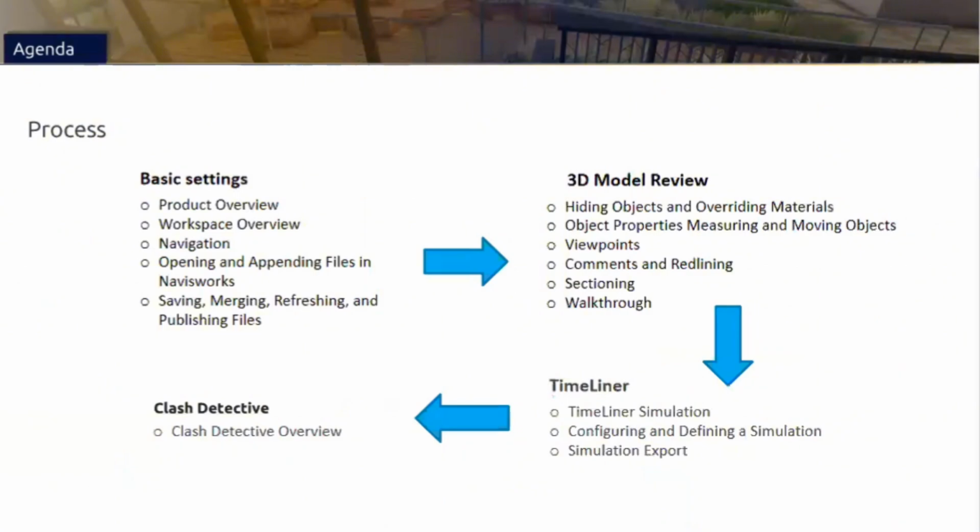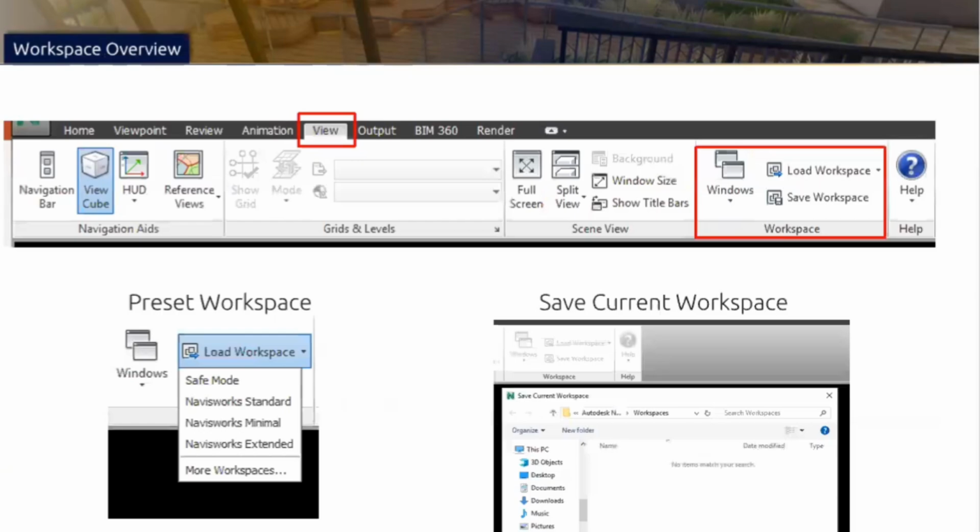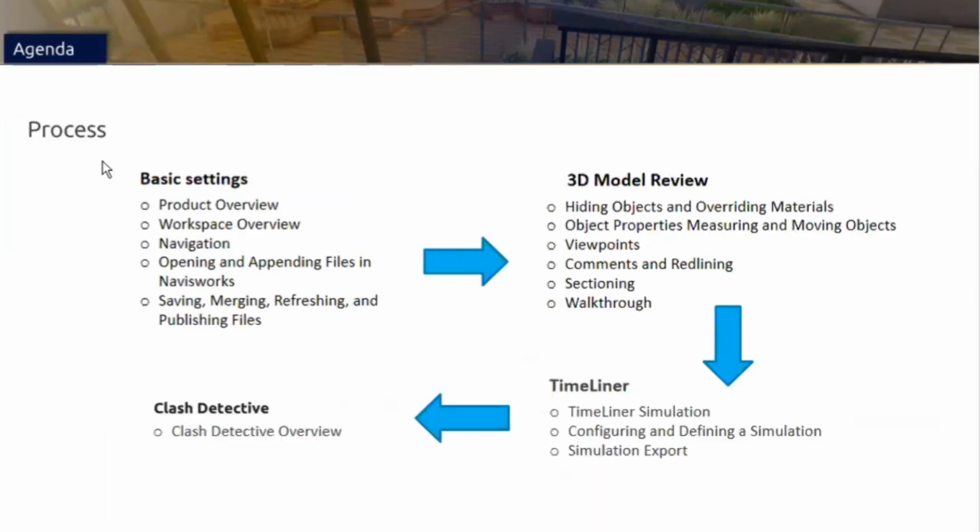Later we will discuss how to append the files in Navisworks. Here's opening and appending files. Later we will discuss that. So let's jump to this. This is the process of Navisworks.